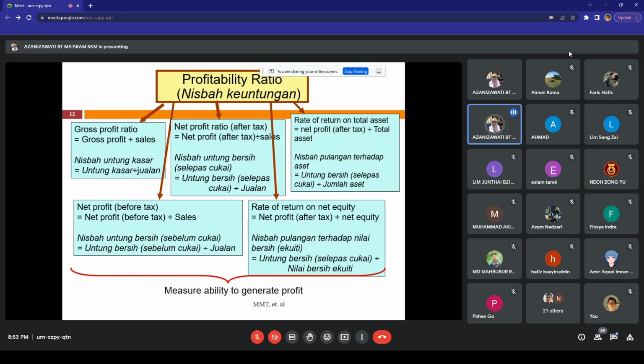Right. So this is the profitability ratio. Profitability ratio means measuring the ability to generate profit, so whether the company is able to generate profit or not. This is normally what we see when we select a counter to invest.